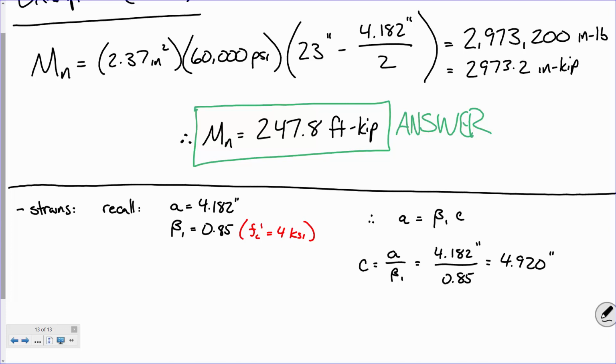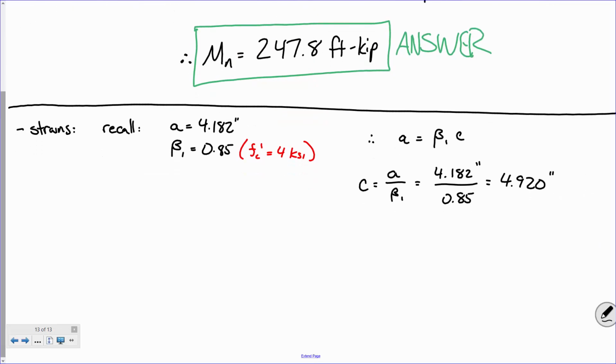So Lee, you asked this question earlier, where does beta 1 matter? We don't use it to calculate a as much as we actually back calculate c. All right. Everybody okay with this? So far, so good.